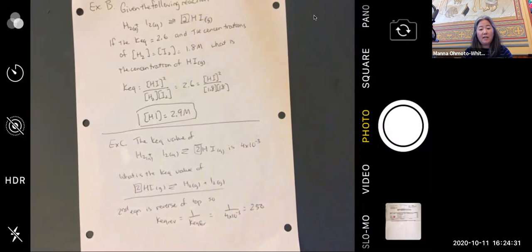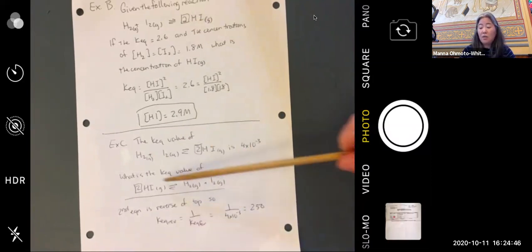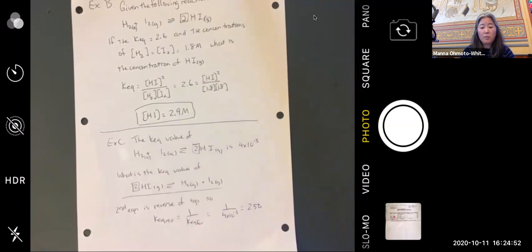And then finally, if you have any sort of opposite reaction, like in this case a composition reaction, and then the other case a decomposition reaction of the same thing under the same circumstances, then the KEQ of my reverse reaction will be the reciprocal, or 1 over, the KEQ value of my forward reaction.